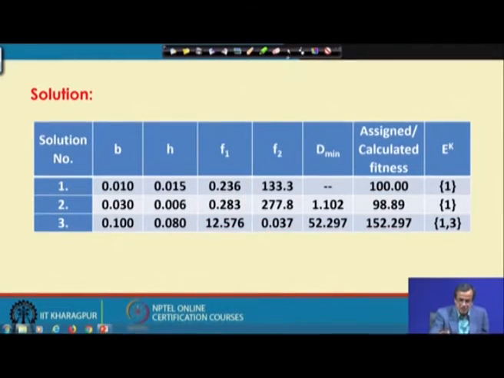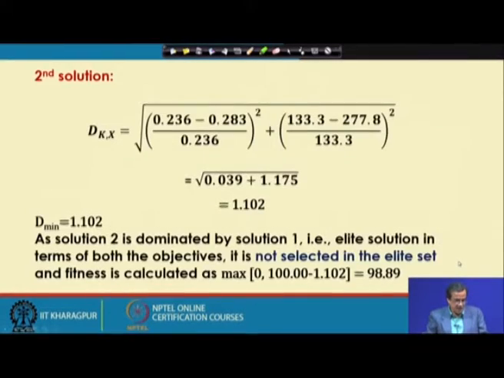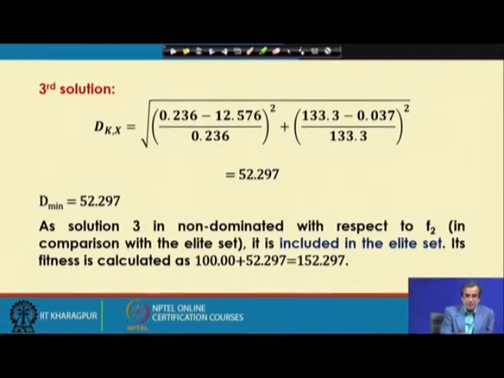To find that, I will have to calculate for the third solution the Euclidean distance d k x, which is nothing but the Euclidean distance between the kth non-dominated solution and the third solution, that is capital X, and this is nothing but the square root of: 0.236, that is the value of f 1 corresponding to the non-dominated one, and 12.576, the value of f 1 corresponding to the third solution.